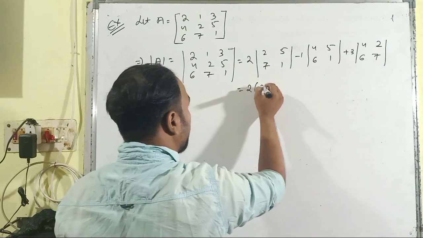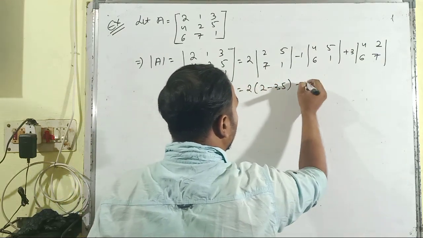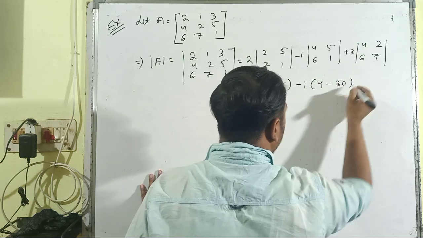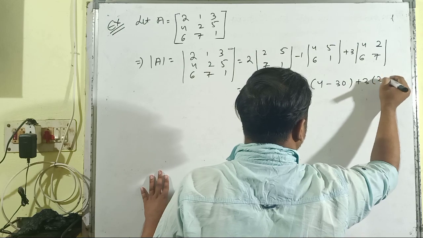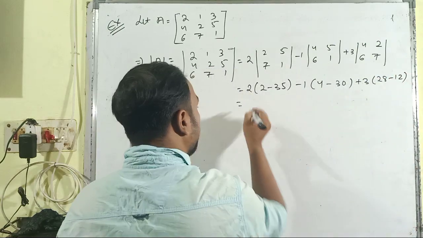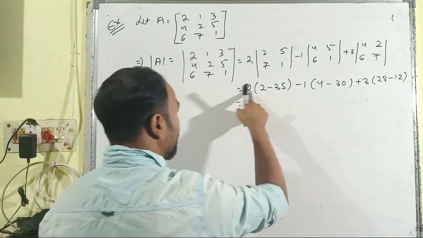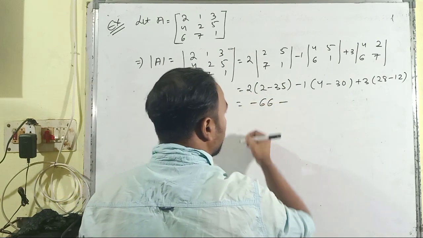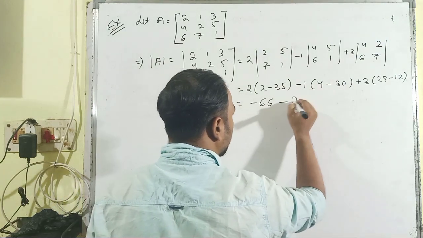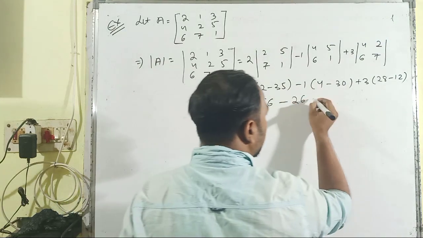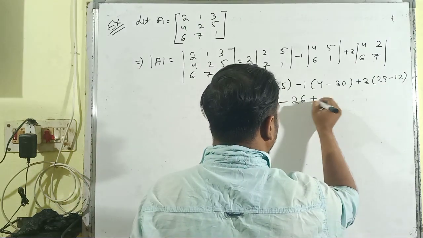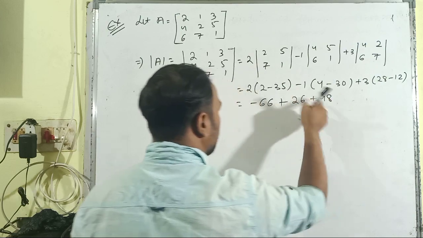Then it is 2 multiplied with 2 minus 35, minus 1 multiplied with 4 minus 30, plus 3 multiplied with 28 minus 12. Then it is minus 33 into 2, it is minus 66, minus minus 26, it is plus 26. Then 16 into 3, it is 48.